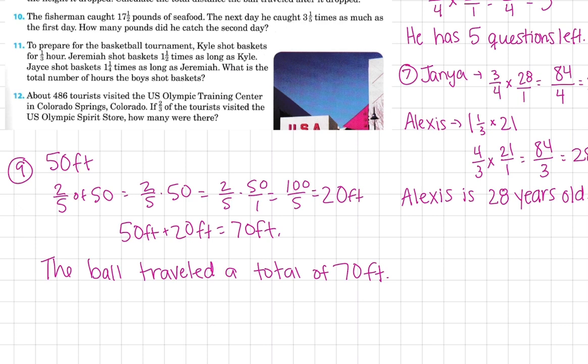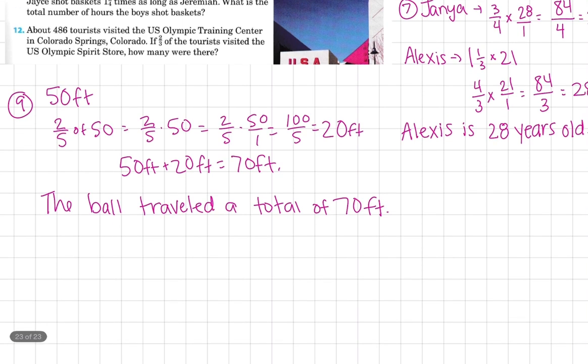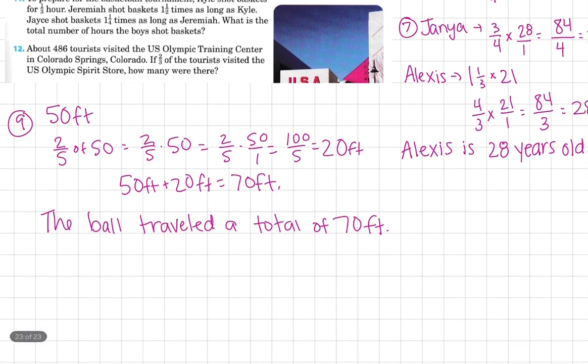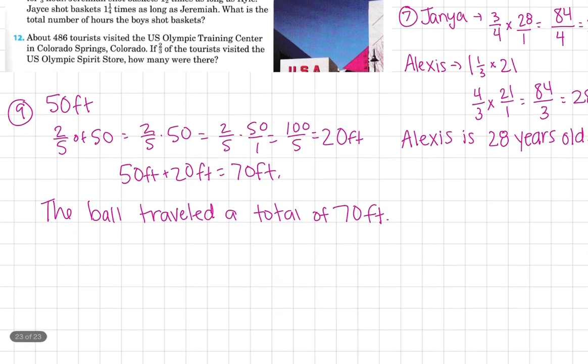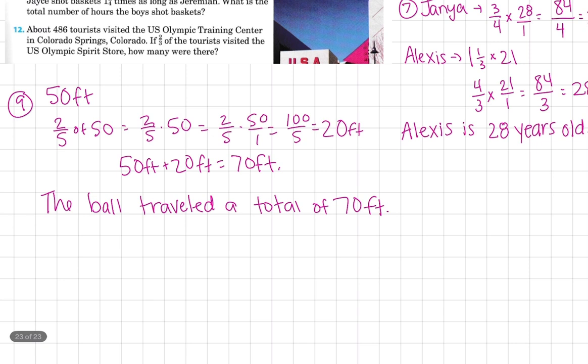You can skip number 11. It's not that you can't do it, I think you can, but we're just running out of time. So your homework is page 253, 2 to 12 evens.